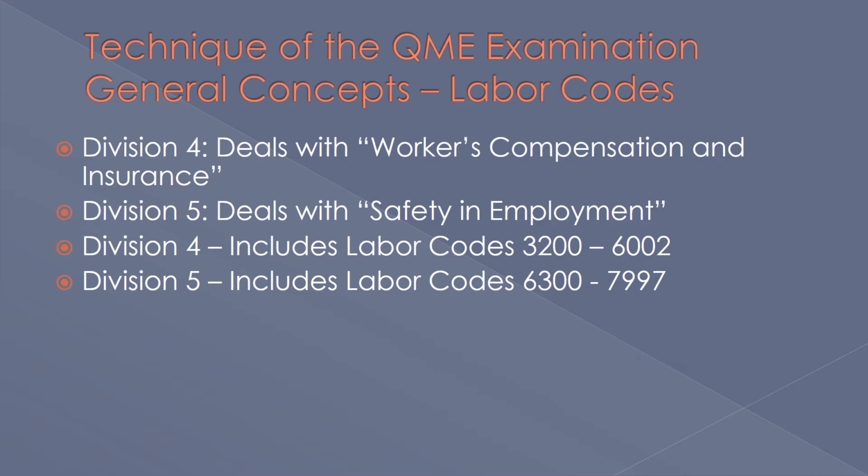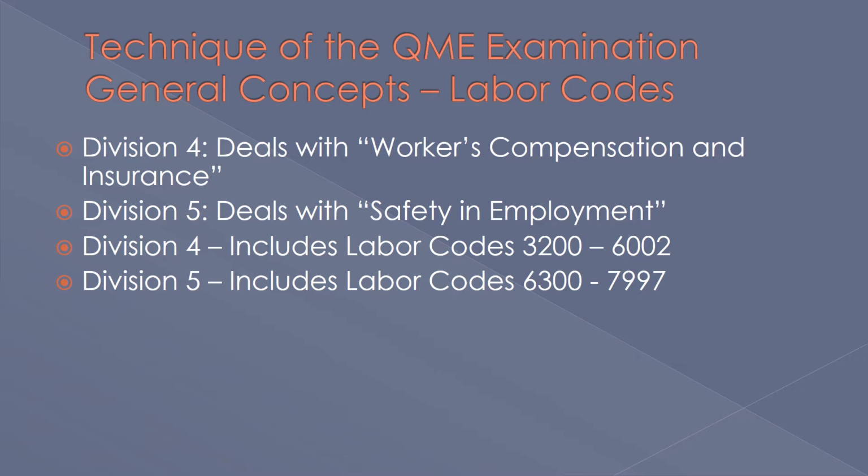So let's review some of these divisions and some of these codes. You may be familiar with some of them. Division 4 includes labor codes all the way from 3200 to 6002, and this deals with workers' compensation and insurance. Division 5 includes labor codes 6300 all the way to 7997, and this division deals with safety in employment.